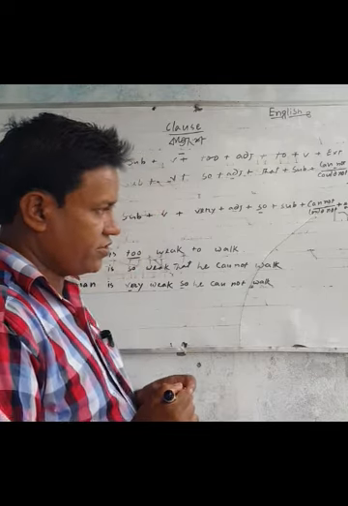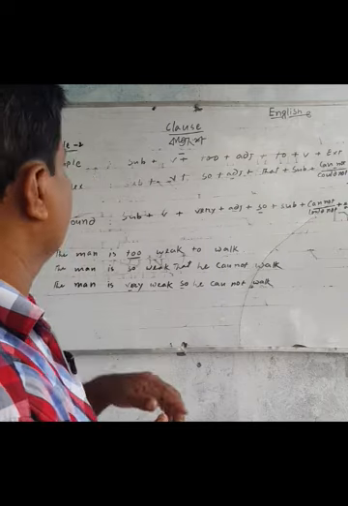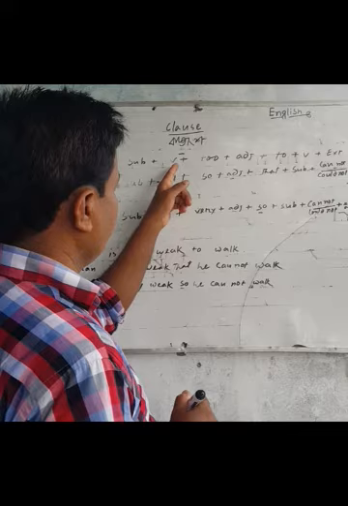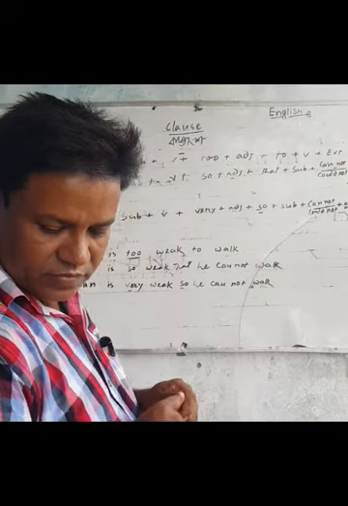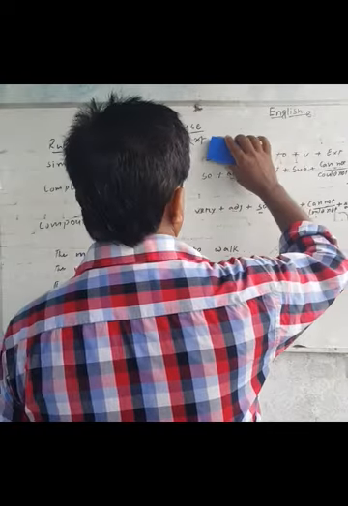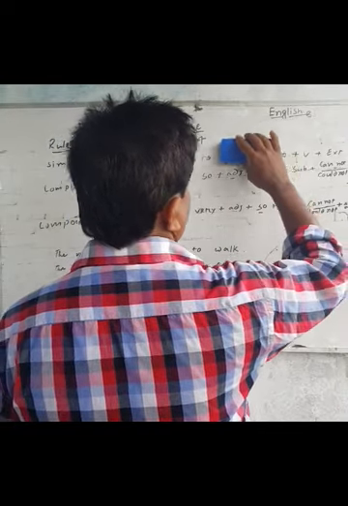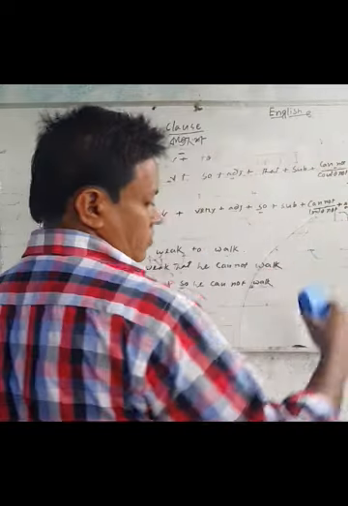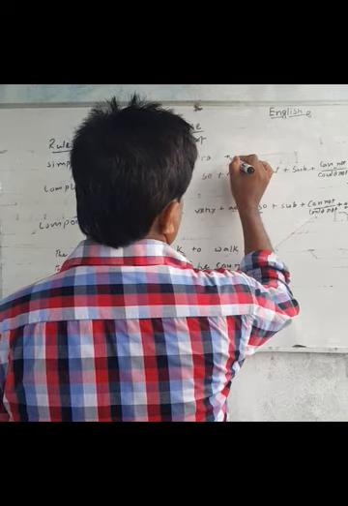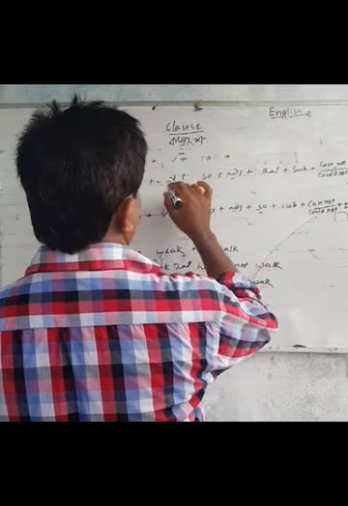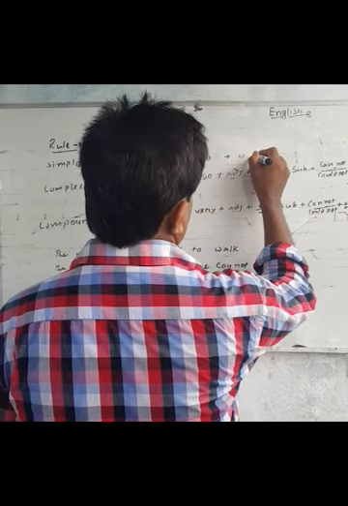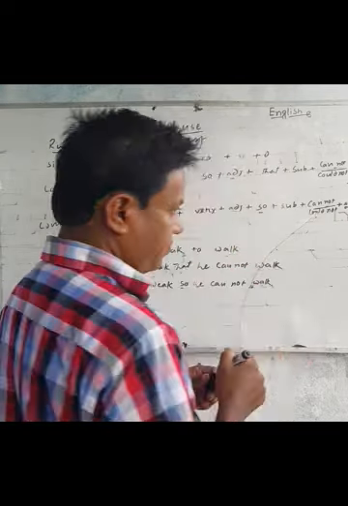Dear students, you must write in your script rule 2. Simple as usual: subject, verb, here to, plus verb plus object, only object.